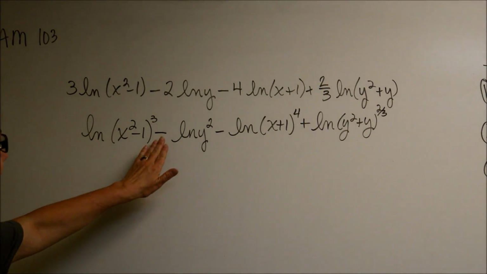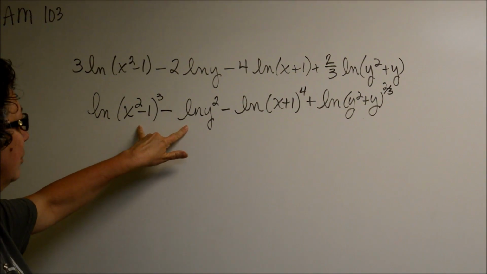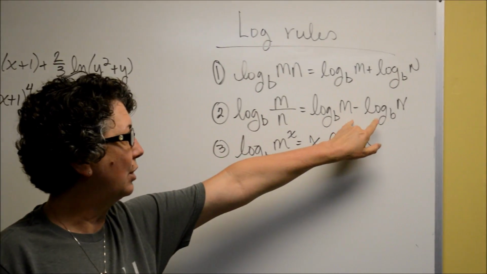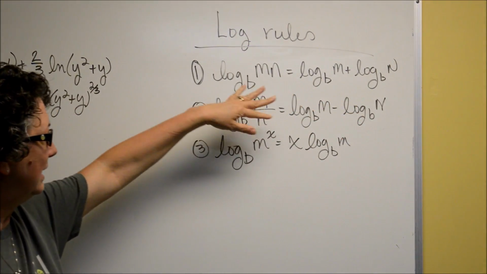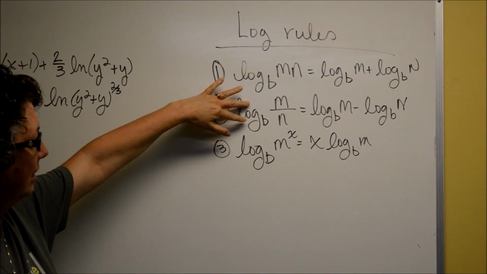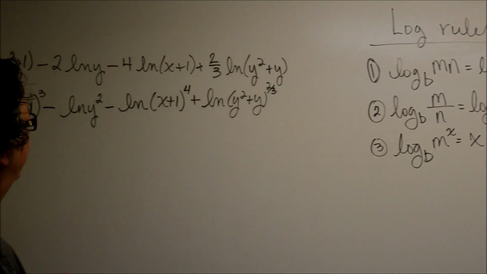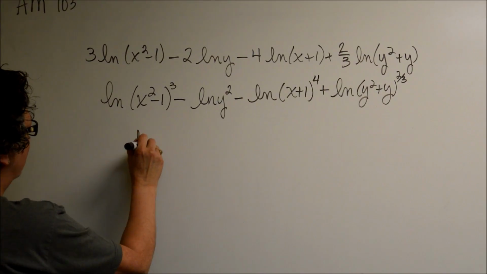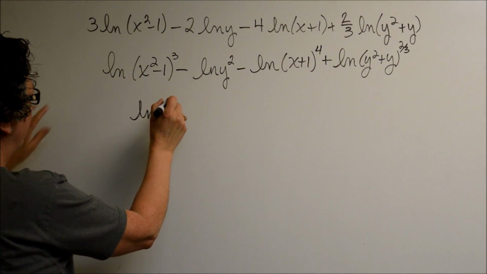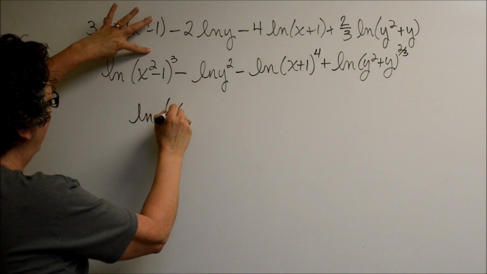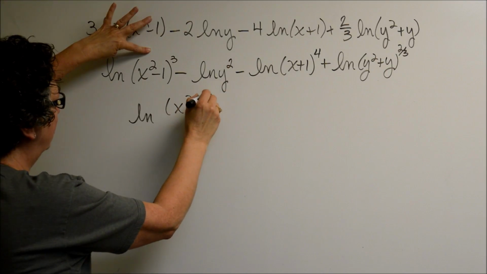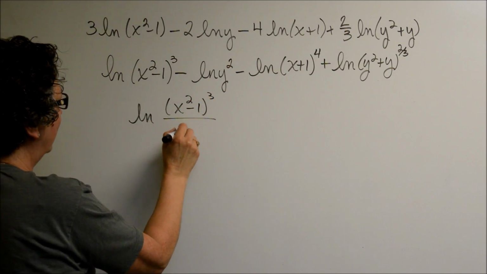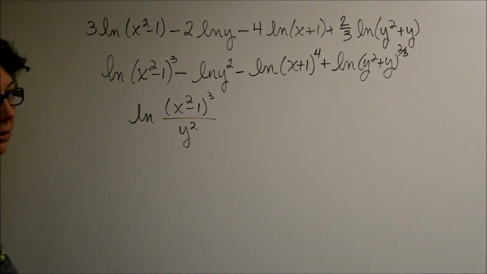Now, if I am subtracting 2 logarithms, it's the same thing as taking the logarithm of their quotient. So I'm going to do that here. So this is the natural log of x squared minus 1 to the 3rd power divided by y squared.